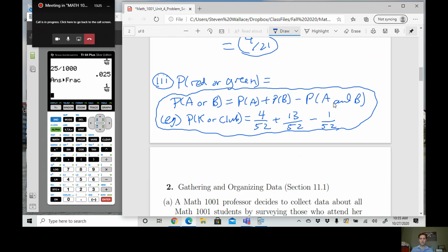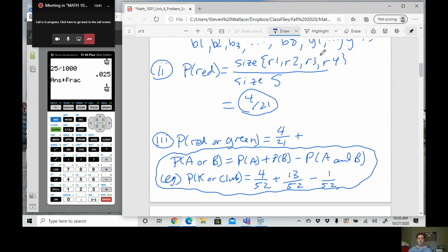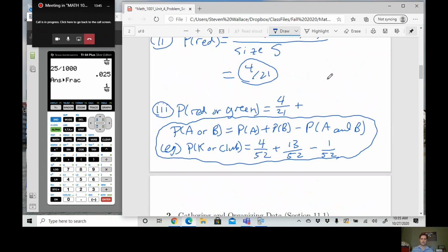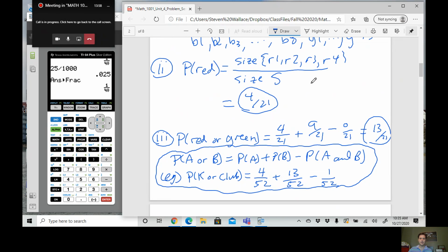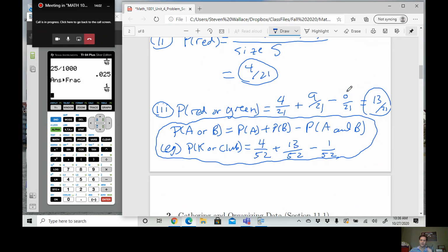So this probability of A and B will be 0, which is really troublesome, because you might think if you have an or here, you just add up the probabilities, and that's not always the case, because you could be double counting. So this comes out to 13 out of 21. There are 13 red or green marbles, and you can't have a red and a green marble if you only are allowed to draw once.